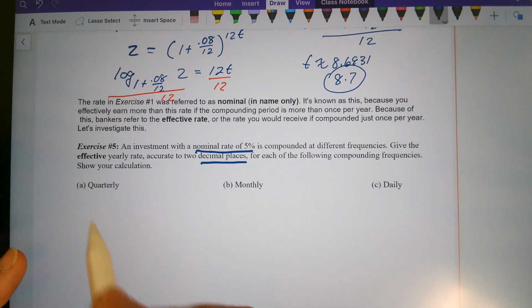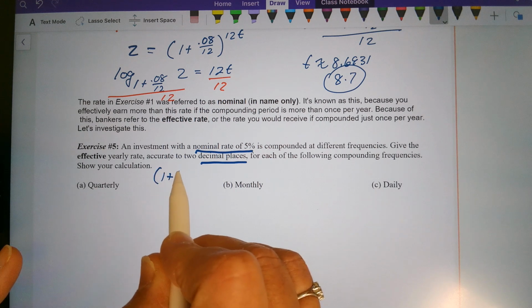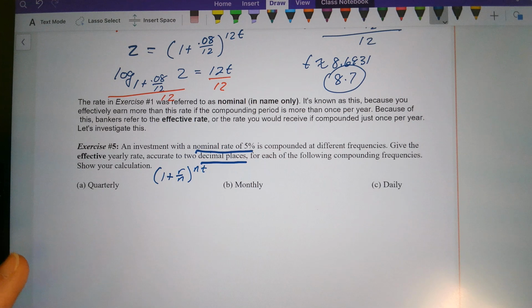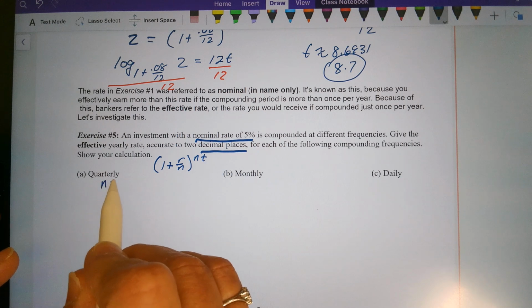So for quarterly, we're only focusing on 1 plus r divided by n raised to the nt. I'm only focusing on this piece of our compound interest formula. So for quarterly, n equals 4.